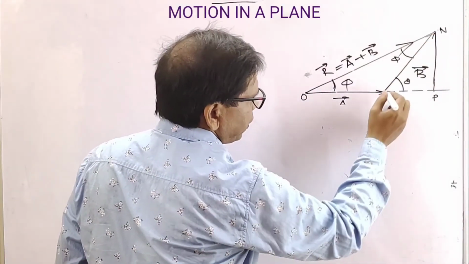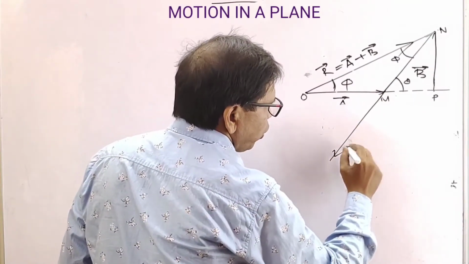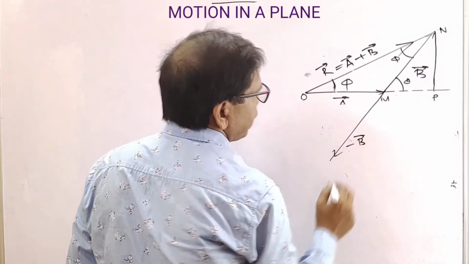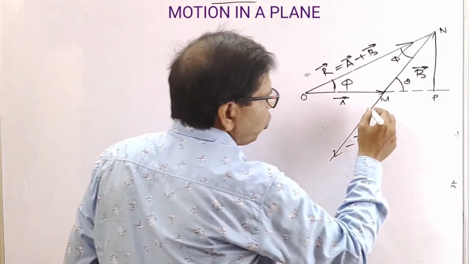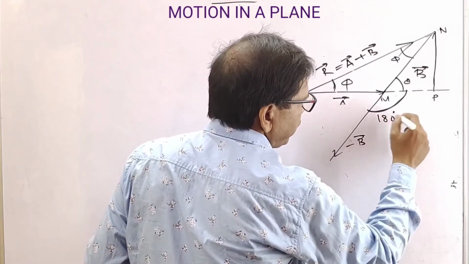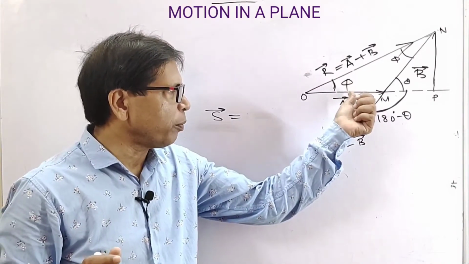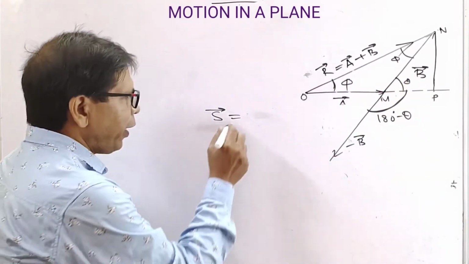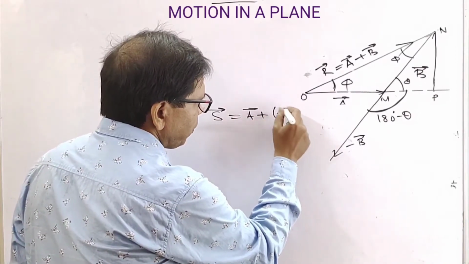Now vector subtraction. If B is produced in opposite direction, this becomes minus B vector. Now this is the A vector and this is the B vector, so the angle between them is 180 degree minus theta. The vector subtraction of A vector and B vector is the addition of A vector plus minus B vector.